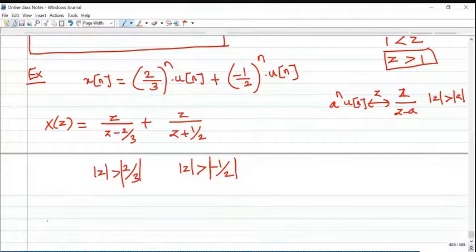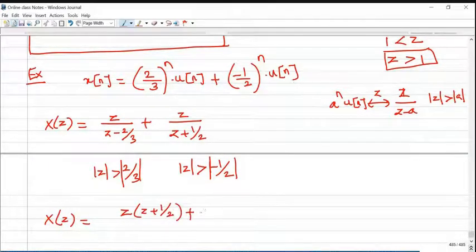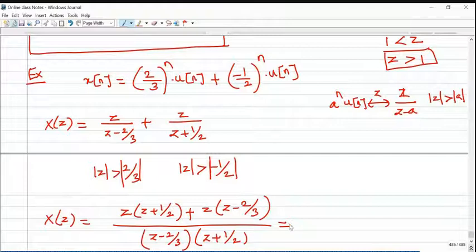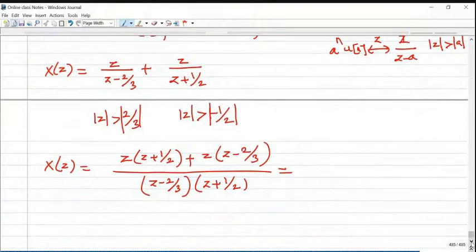Okay, now just cross multiply and write your final result: z into (z plus 1/2) plus z into (z minus 2/3), over (z minus 2/3)(z plus 1/2). So the denominator is no issue, the poles are directly available: z equal to 2/3 and z equal to minus 1/2 are poles.